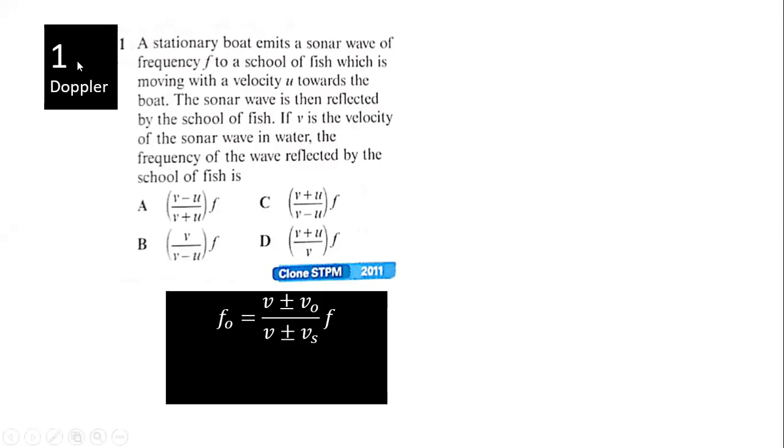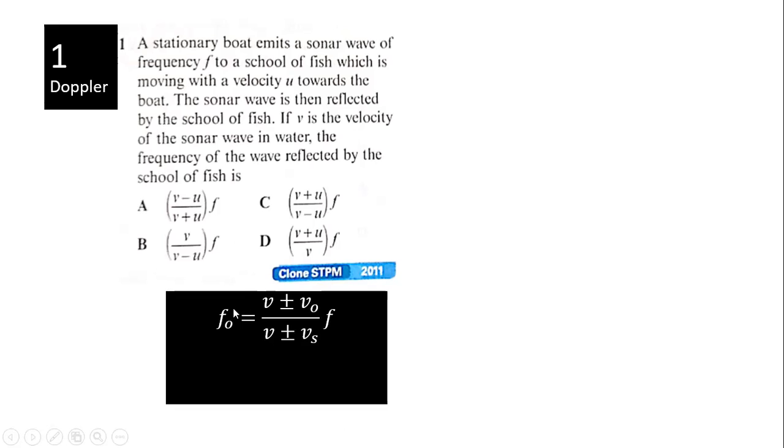A stationary boat emits a sonar wave of frequency f to a school of fish which is moving with velocity u towards the boat. The sonar wave is then reflected by the school of fish. If v is the velocity of the sonar wave in water, the frequency of the wave reflected by the school of fish is? What's the answer?